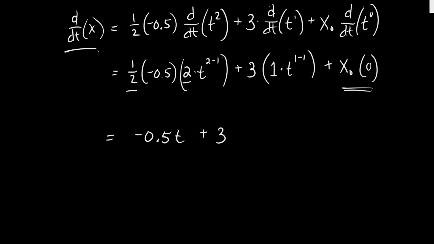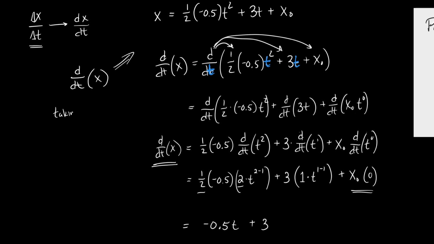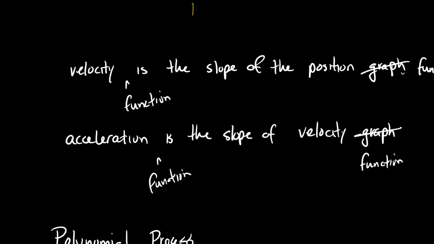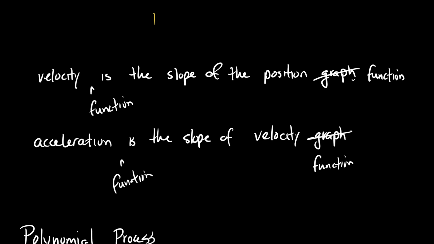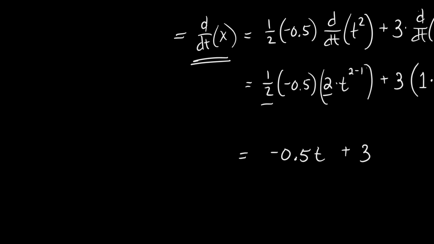And the derivative gives me the slope of the position function, which we know to be what? Start all the way at the beginning. What do we know about the derivative or the slope of the position function? It's velocity. So this equals v.